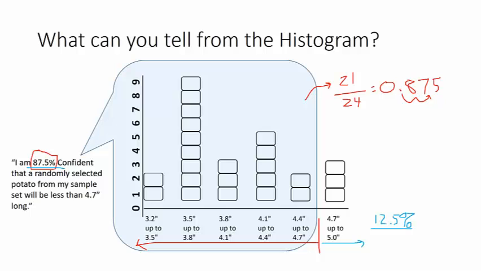Now, if it had been a bell curve, that hat-shaped bell curve, I could do this sort of calculation even without drawing the histogram and even without counting the potatoes, because the bell curve is very regular in shape.